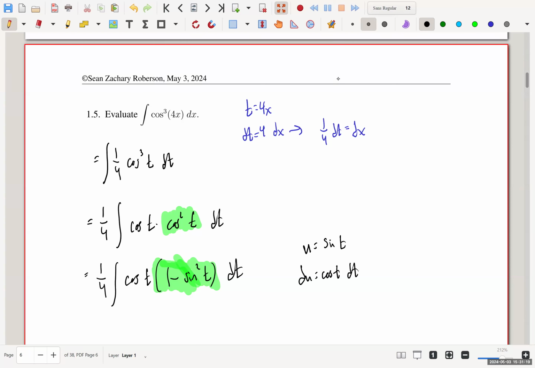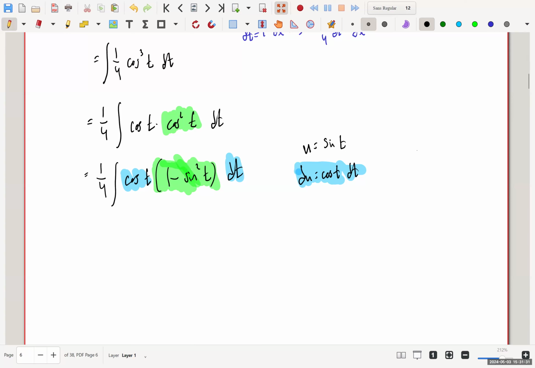Because take a look here. This thing here in the blue, that's right there. And so what do we have? 1/4 the integral of 1 minus u squared du. That's just the power rule, because you have the power to rule. It's just a polynomial. We know how to handle that. 1/4 times u minus 1/3 u cubed, plus the constants.